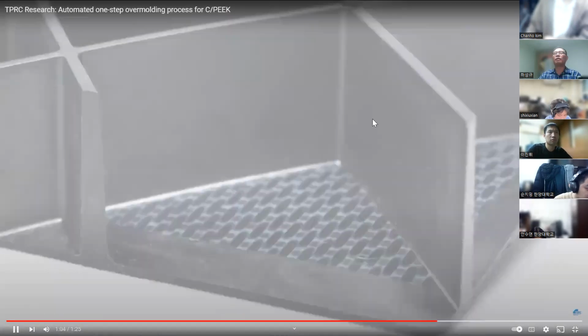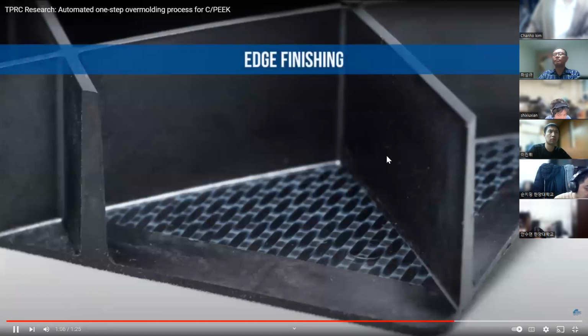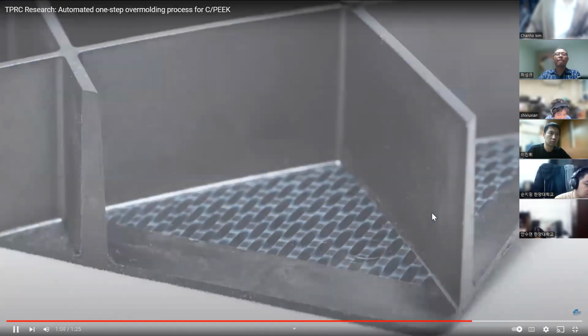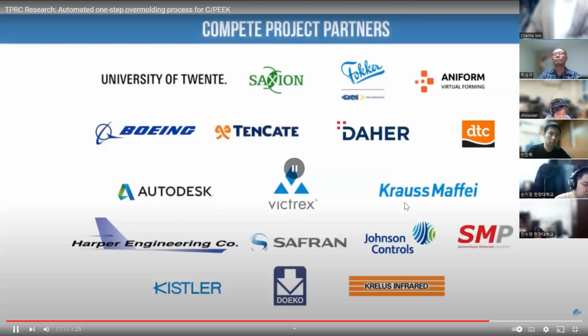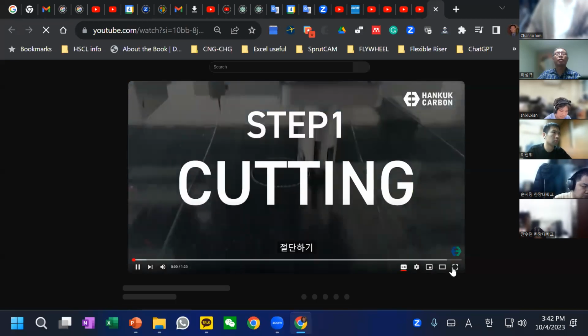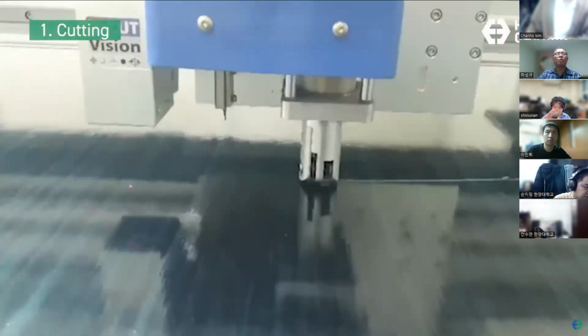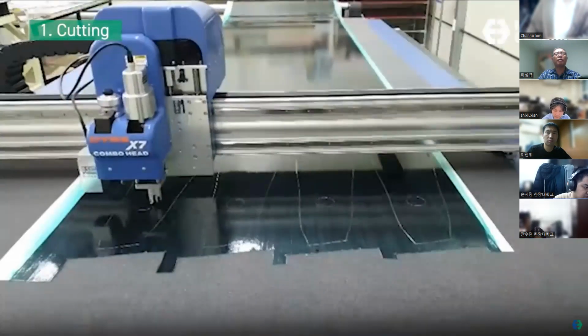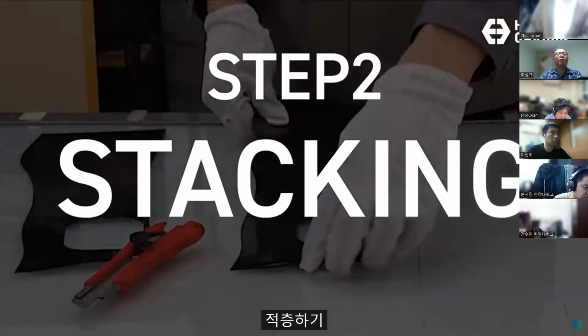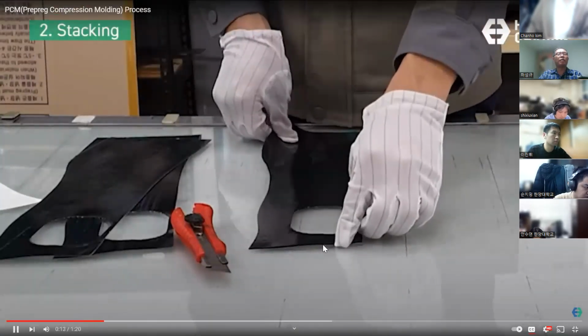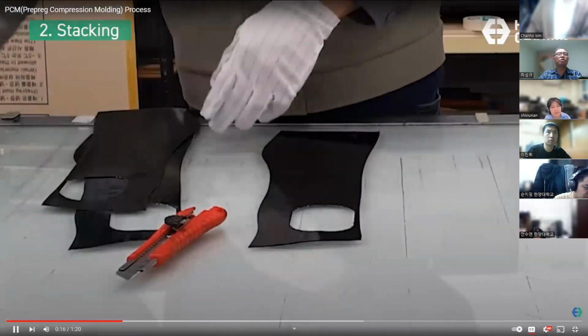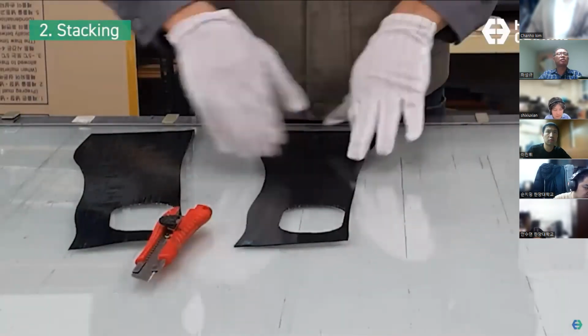grid stiffened panels. A lot of structures, as I mentioned, using the thermoplastic can be made not just by the automatic tape layering; we can just cut by hand or by the CNC machine, and then we can just layer.